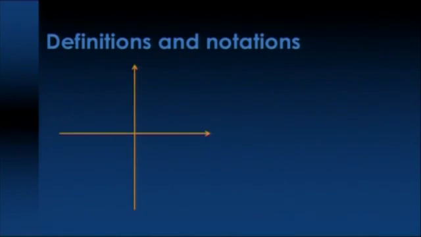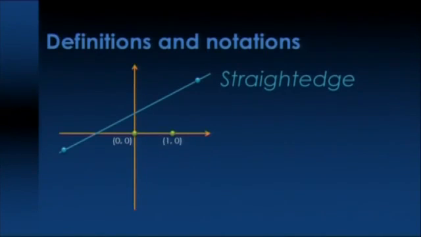First, I would like to define Euclidean construction and a constructible number using coordinate geometry. On a Cartesian plane, if two points, (0,0) and (1,0), are given, then the following operations are called parts of Euclidean construction. First would be passing a straight line through two known points, called the straight edge operation.